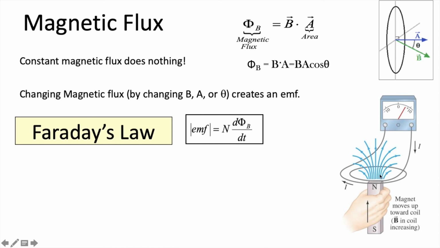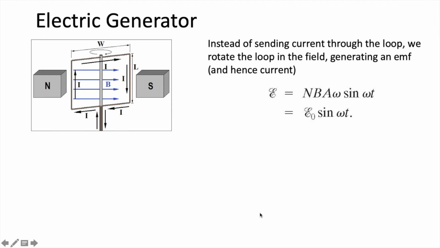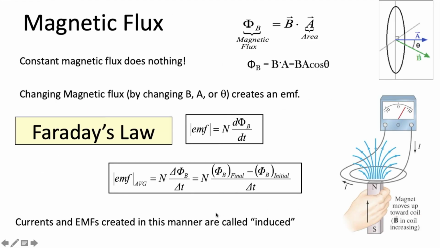It was also found that if you have a large number of turns in the wire, the induced EMF would be increased by a factor of that N value. Currents and EMFs created in this manner are called the induced EMF or the induced current.